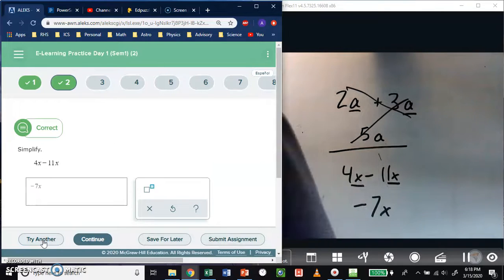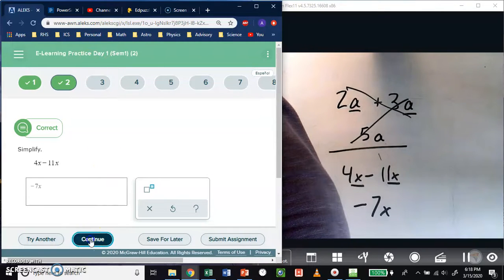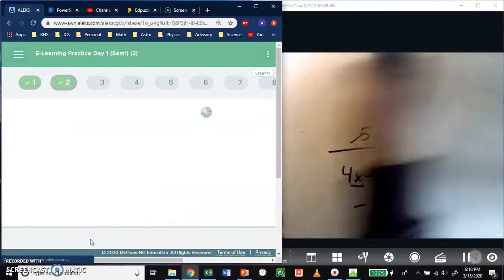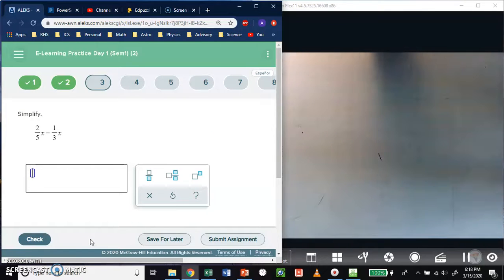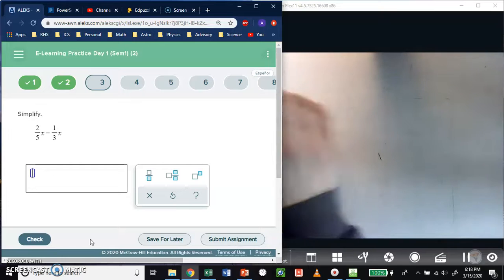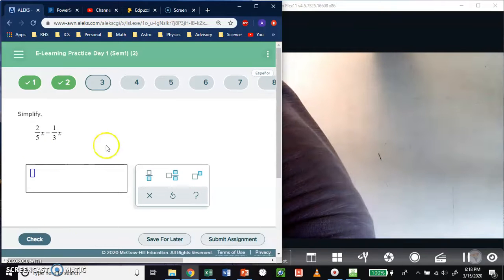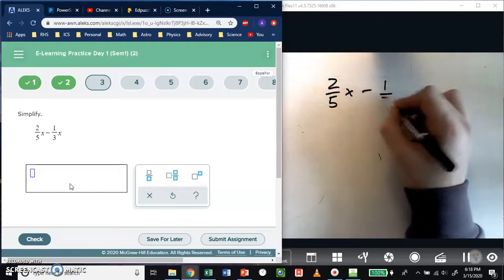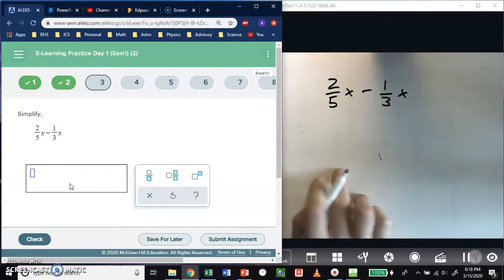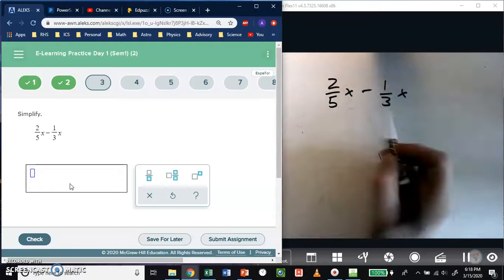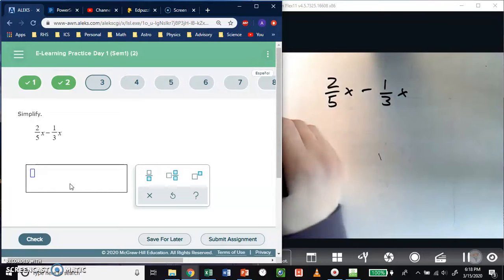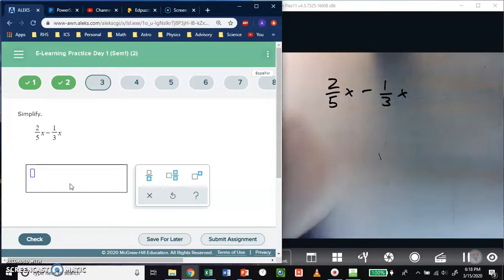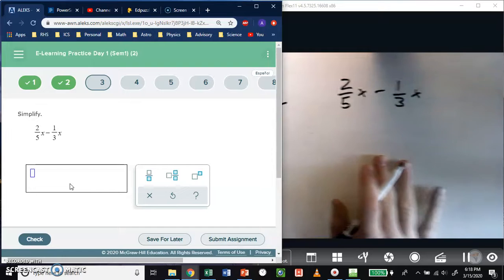It's all good. So the next topic you're going to see is the distributive property, which we should all be reasonably familiar with. Oh, just kidding. On this one, you're going to combine like terms, but it's in a fraction form. So on this one, we have 2/5 x minus 1/3 x, and we need to get a common denominator. Simplest way to do that is to find a common multiple of both 5 and 3, which is 15.